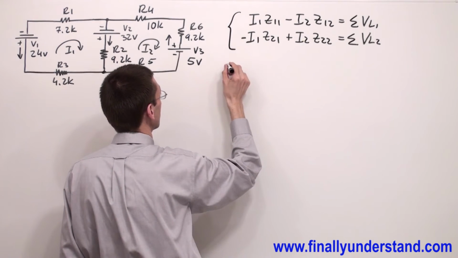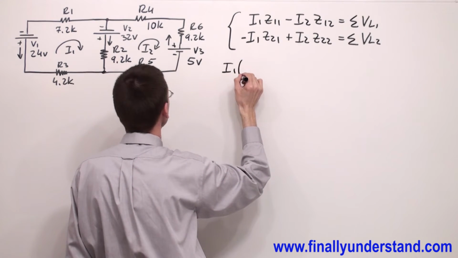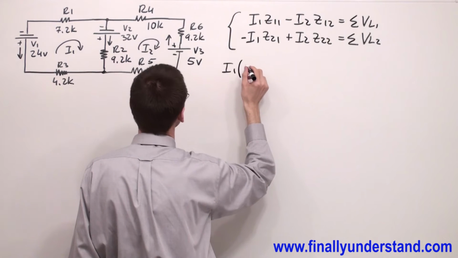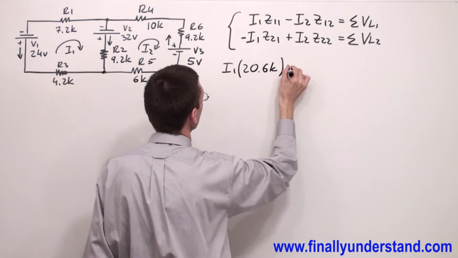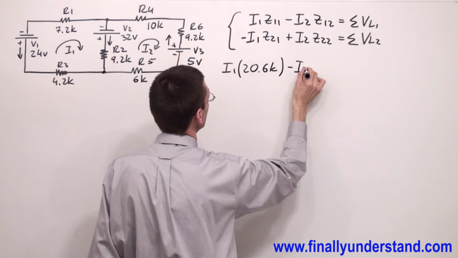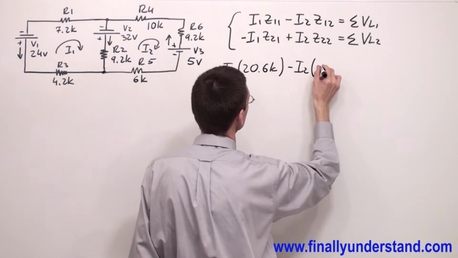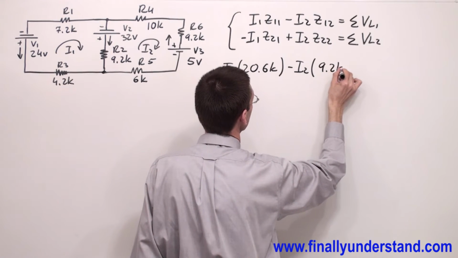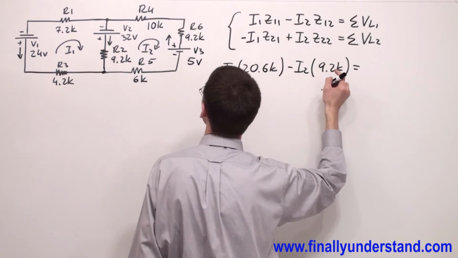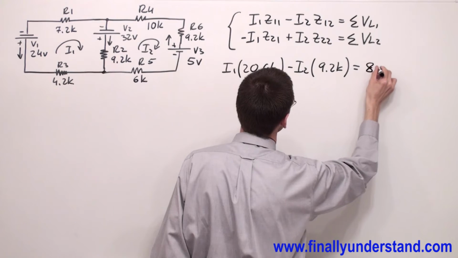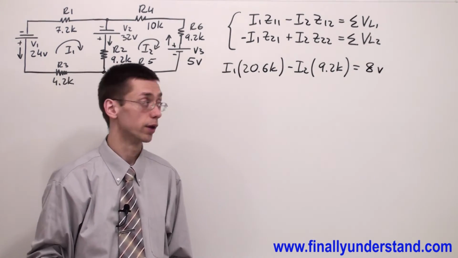I have I1 times Z11. Z11 is equal to 20.6 kilo minus I2. Z12 is equal to 9.2 kilo equals the sum of the voltages in loop 1. This is equal to 8 volts. This is my first mesh equation.